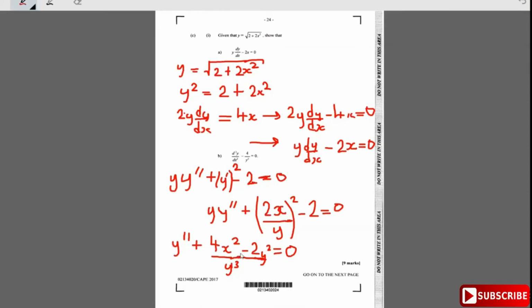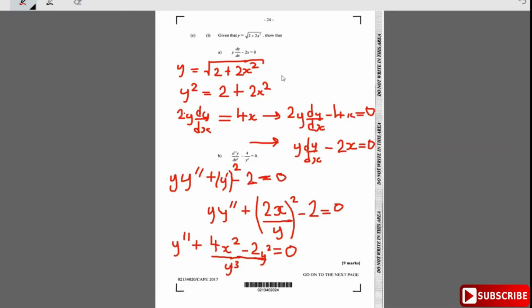All right, we know that the numerator should simplify out to be minus 4. We know that 2 plus 2x squared is y squared. So substitute for y squared right here.